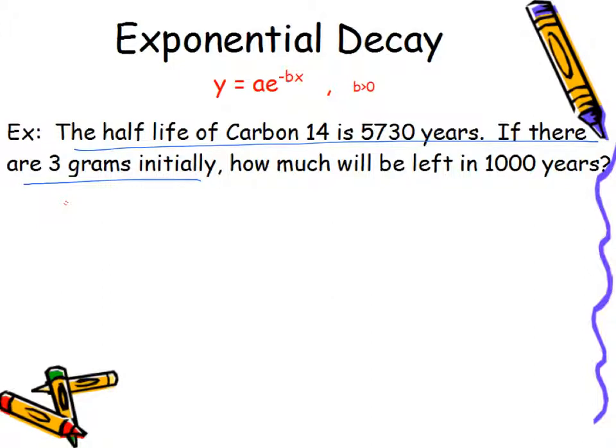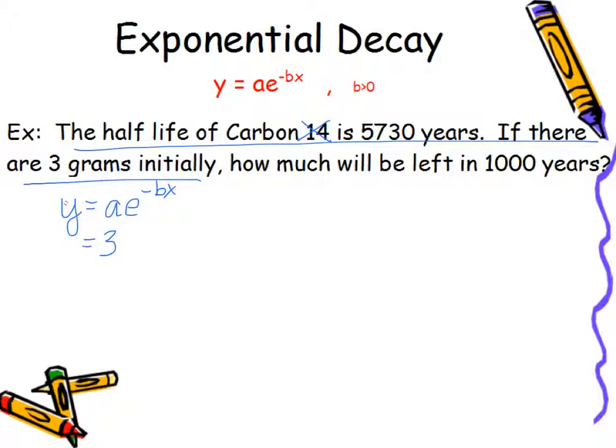So we start off with our formula, y equals a e to the negative bx, and we're going to work through this. I know that the half-life is 5,730. The carbon-14, 14 is not part of the problem, that's just the name of it. There are 3 grams initially. Okay, I know where that goes. That's my A, my initial.